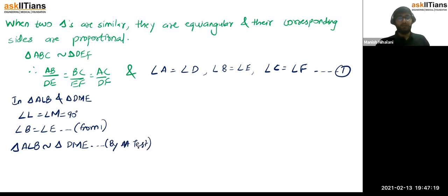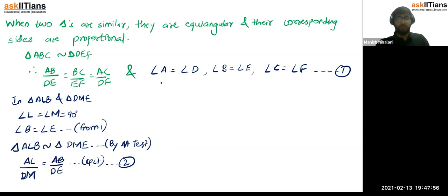So if the triangles are similar, then their ratios of sides are equal. That is AL by DM should be equal to AB by DE, using CPCT, right? Now from equation 2 and equation 1, we would be able to interpret that all four ratios are equal, right?